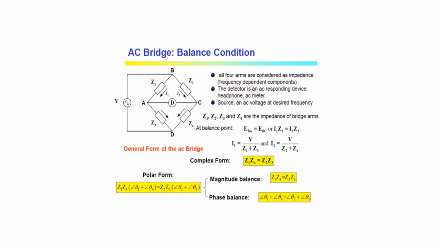So overall, in polar form, the bridge balance condition is Z1 Z4 with the phase angles of branch 1 and branch 4 equal to Z2 Z3 with the phase angles of branch 2 and branch 3.